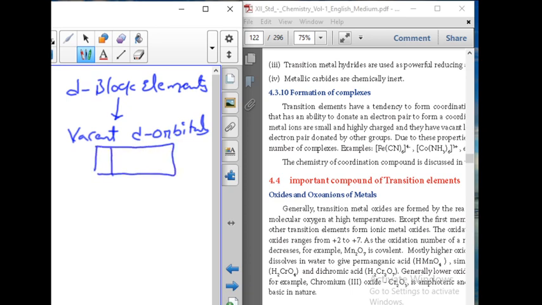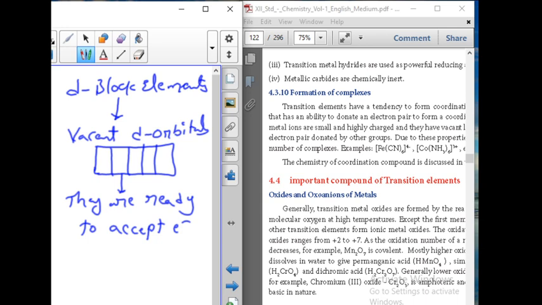If the d orbitals are vacant, they are ready to accept electrons.